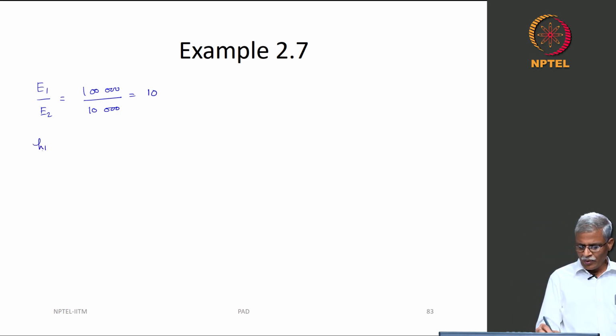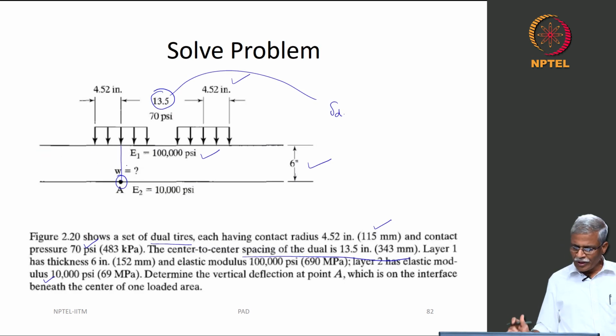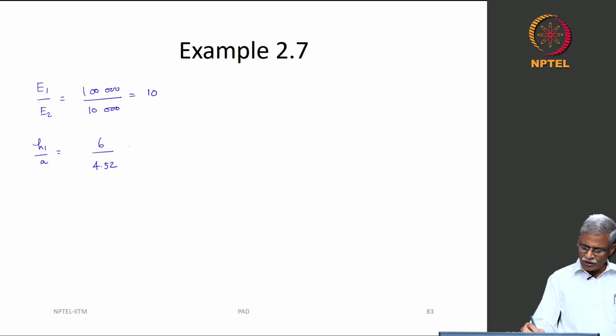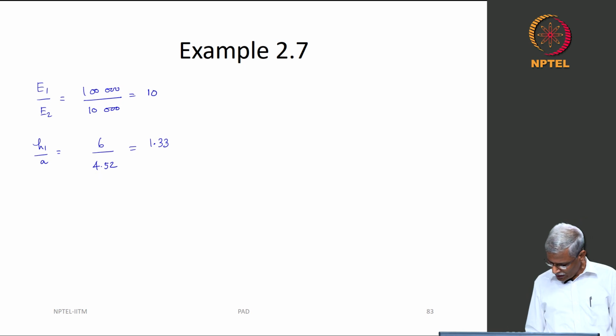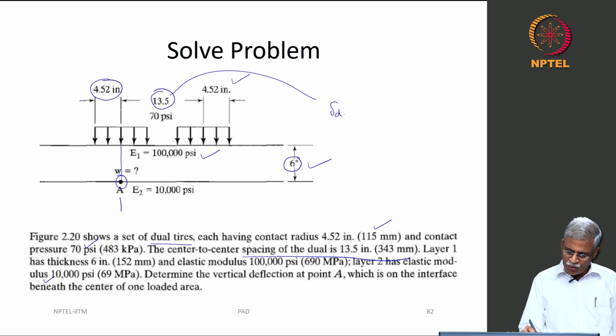Then you need H1 by A, and H1 by A is 6 by 4.52. So, how did we get 6 by 4.52? This is H, 6, this is A, 4.52, and that is how you got this value. So, that comes to be 1.33.